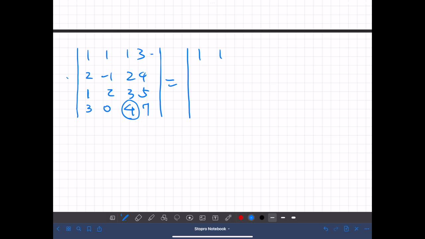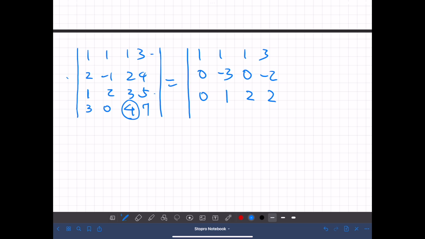So the first row remains the same, and the second row becomes 0, negative 3, 0, and negative 2. And subtract the first row from the third row, we get 0, 1, 2, 2.